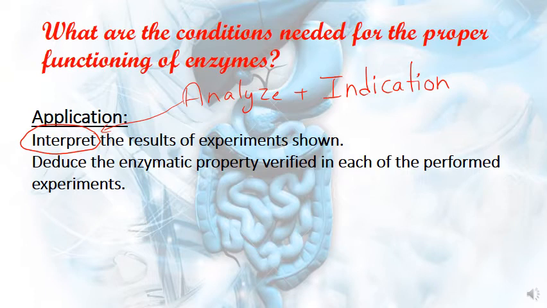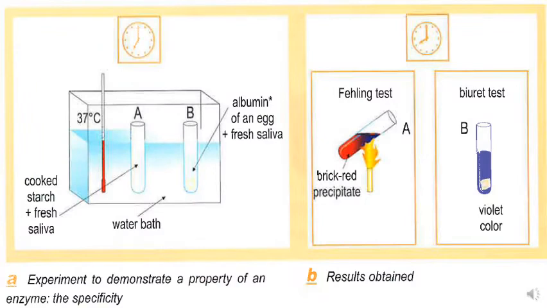In this experiment, we demonstrate a property of an enzyme, the specificity. The enzyme is specific. So what is the objective, or aim, or purpose of this experiment? It is to determine the property of the enzyme, which is the specificity.